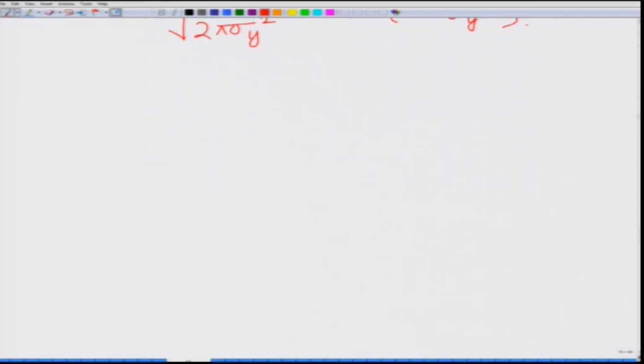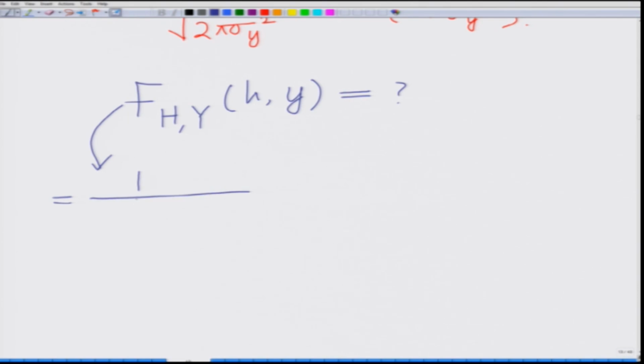Now, we want to come up with the joint probability density function of h comma y. I have to find the joint probability density function of h comma y, and this is a slightly complicated expression. Let me write it down and then you can see what this is.